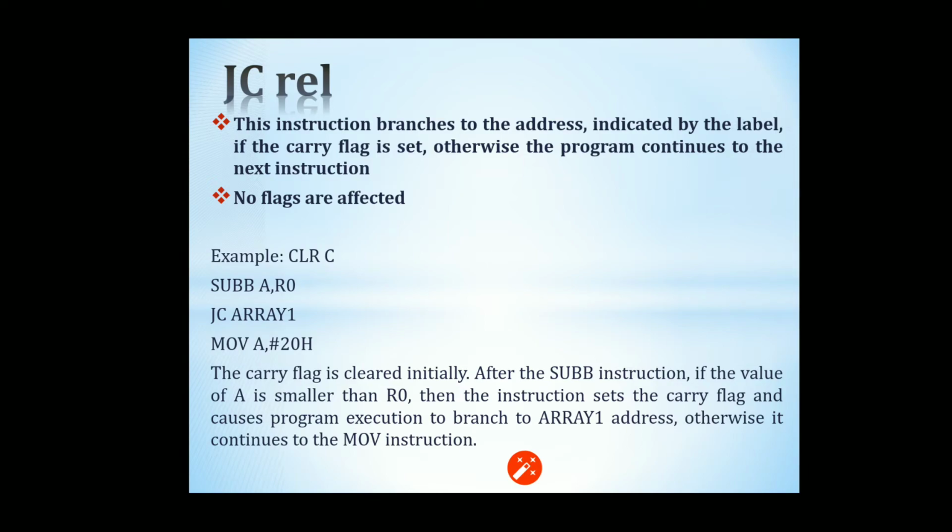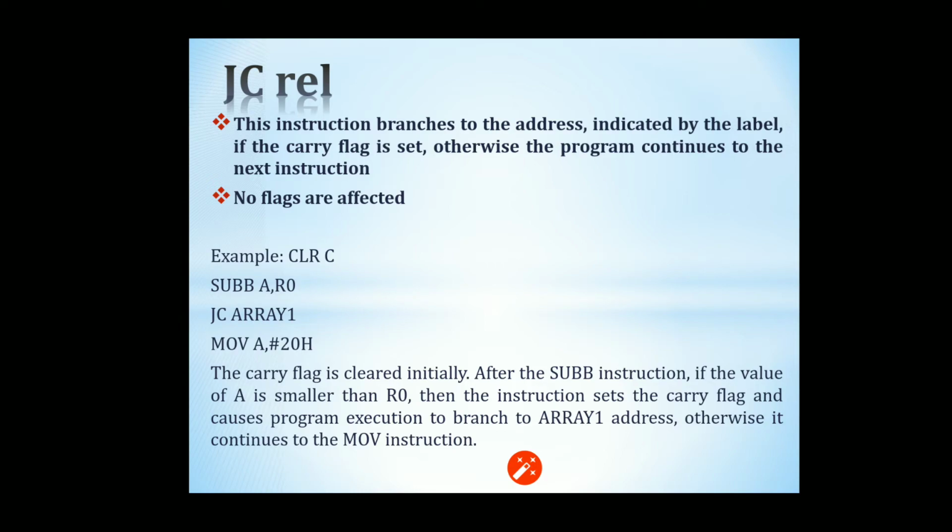JC rel. This instruction branches to the address indicated by the label if the carry flag is set, otherwise the program continues to the next instruction. In this instruction, no flags will be affected.